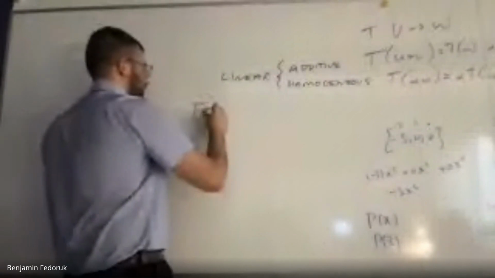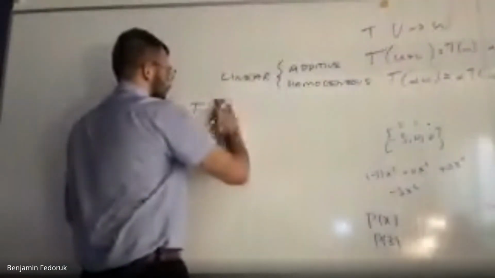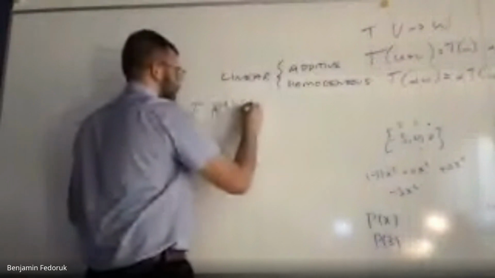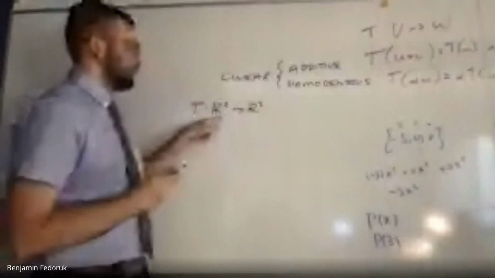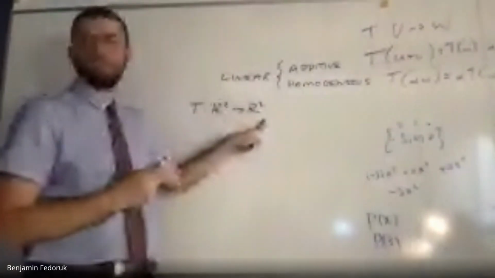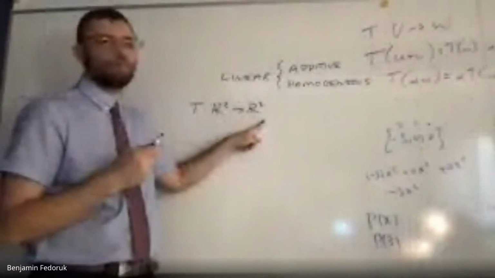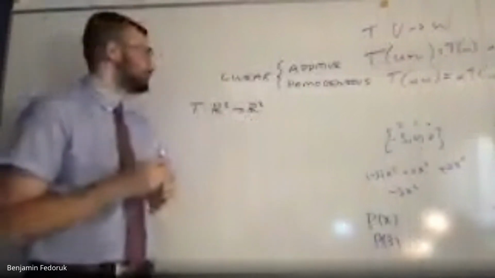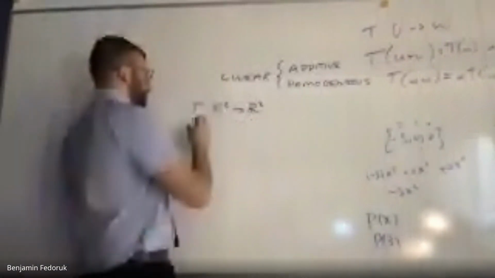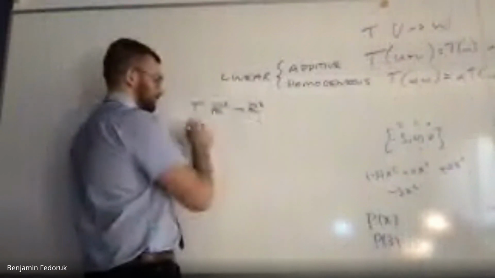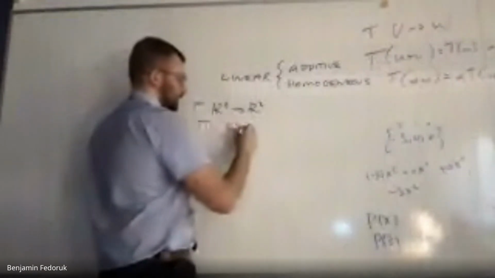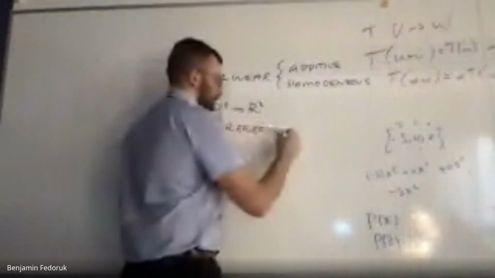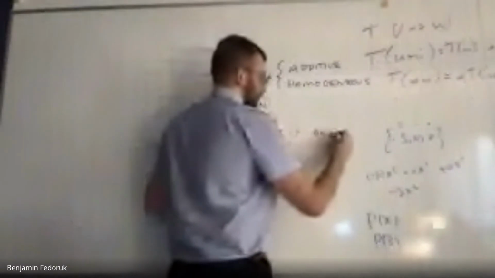Let's say that I have a transformation that maps from R2 to R2. As an aside, what do we call a transformation that goes from a set to itself? Yeah, an operator. So let's say I define a transformation T that reflects a vector V over the line y equals x.